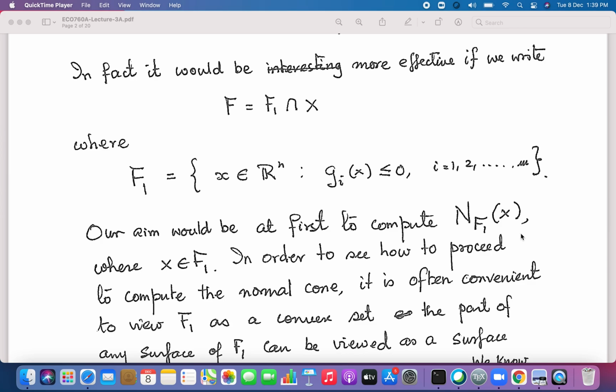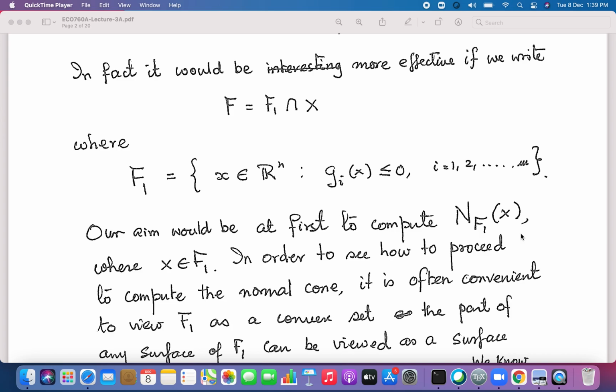So the approach of making the normal cone the main vehicle to deliver optimality conditions brings in a new interpretation of the Lagrange multipliers as a geometric object. It is trying to construct a kind of cone, the normal cone. So these are key elements which compute the normal vector such that the negative of the gradient should exactly match that vector.